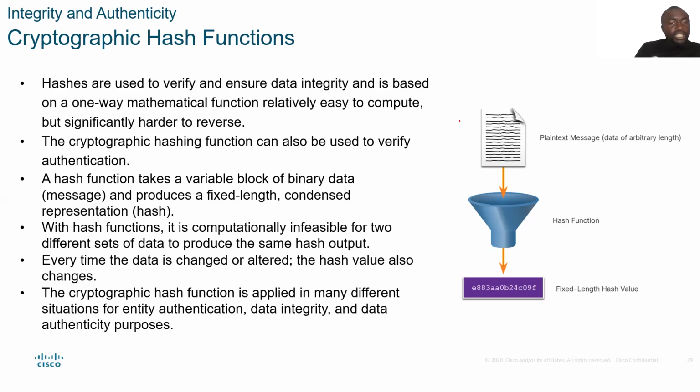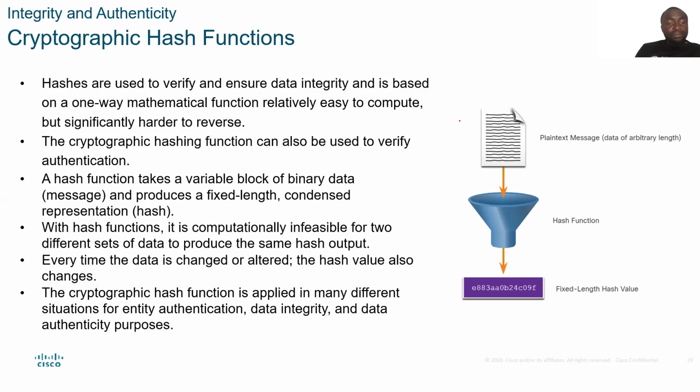A hash function takes a variable block of binary data, which is the message, and produces a fixed-length, condensed representation. With hash functions, it is computationally infeasible for two different sets of data to produce the same hash output.